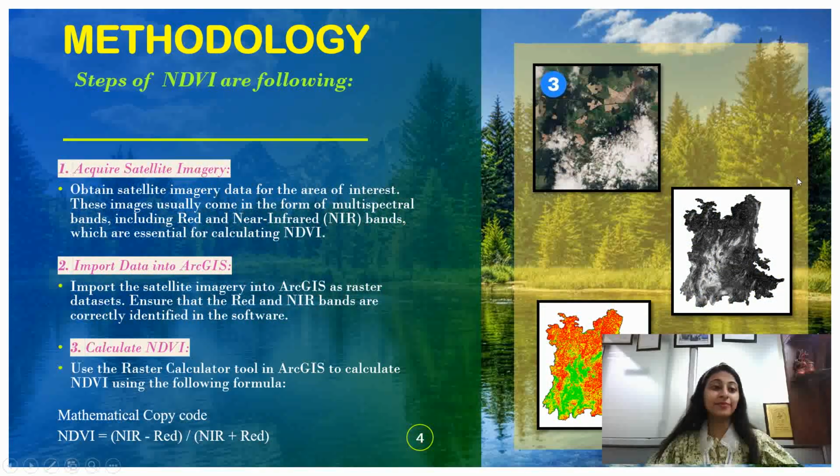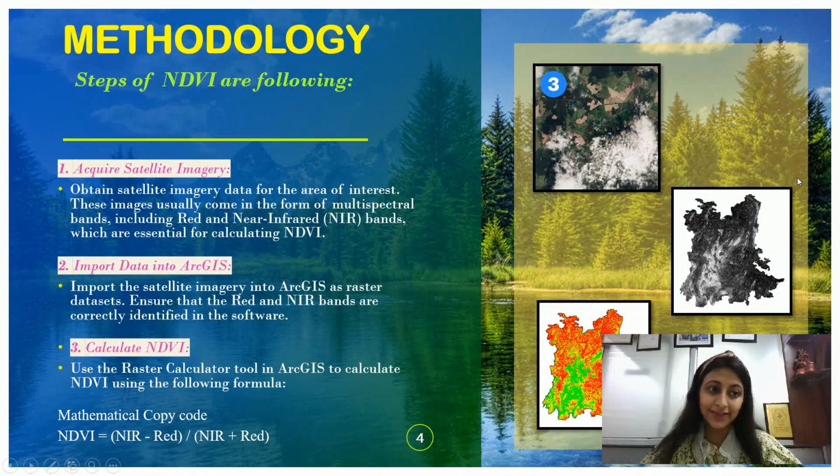So, let's come to the methodology part. The steps of NDVI are the following. The first step of our methodology is acquiring satellite imagery. Obtain satellite imagery data for an area of interest.